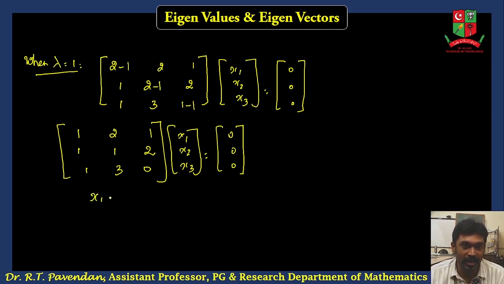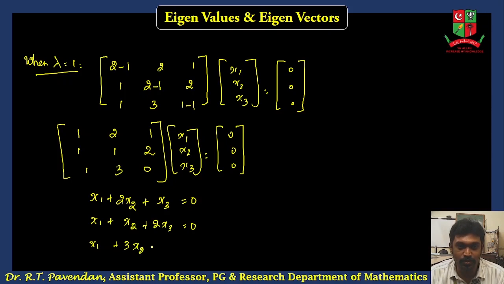So those are x1 plus 2x2 plus x3 is equal to 0; x1 plus x2 plus 2x3 is equal to 0; x1 plus 3x2 plus 0x3 is equal to 0. Let me call these equations 1, 2 and 3.